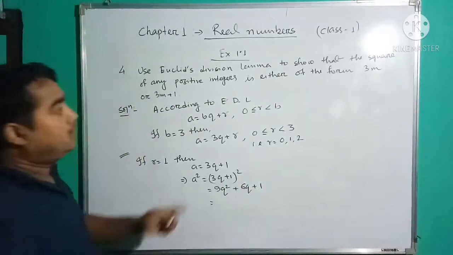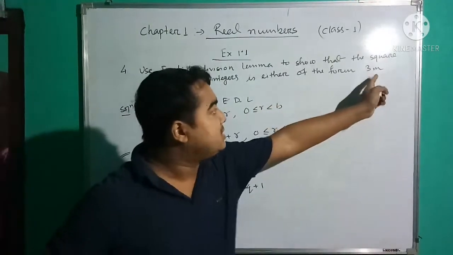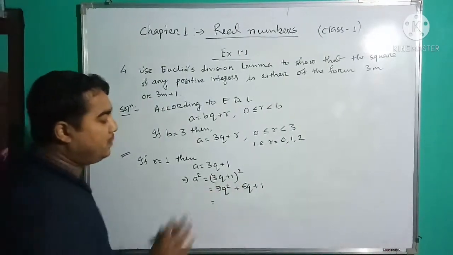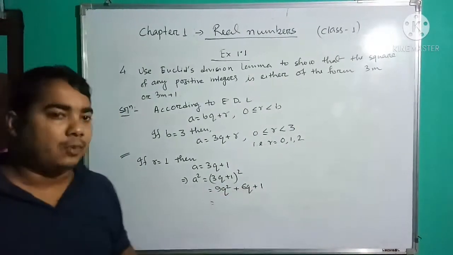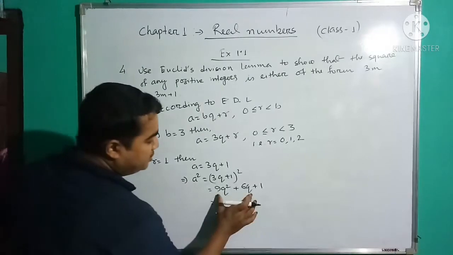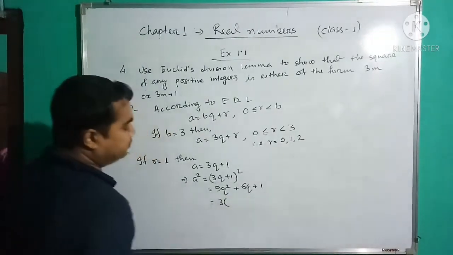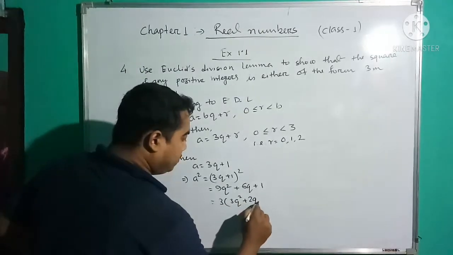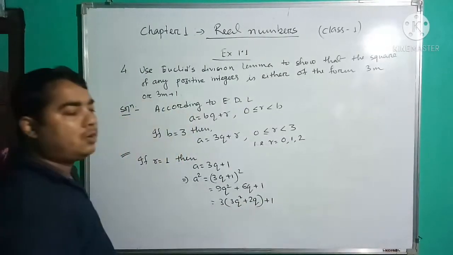But they want the form 3m or 3m plus 1, not 9q square plus 6q plus 1. So from the first two terms, take 3 common. Then 3 times (3q square plus 2q), and outside 1.